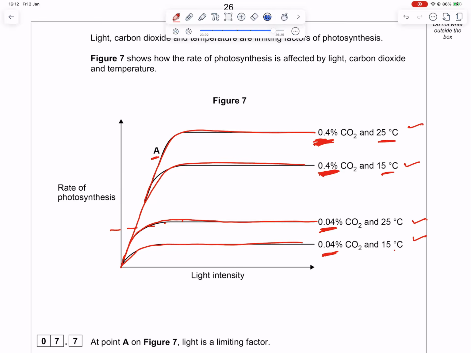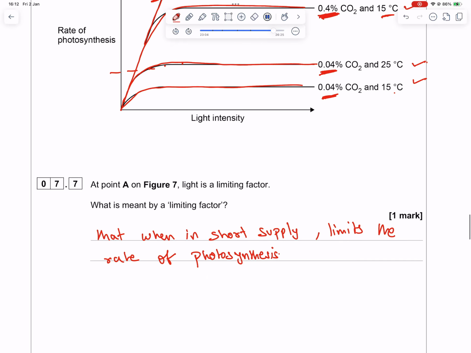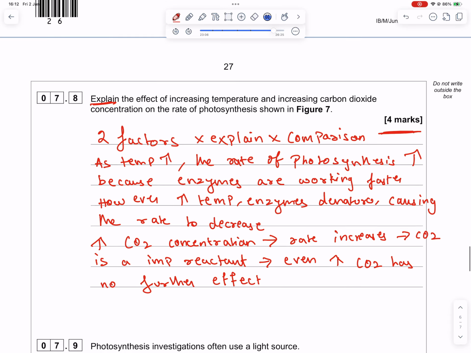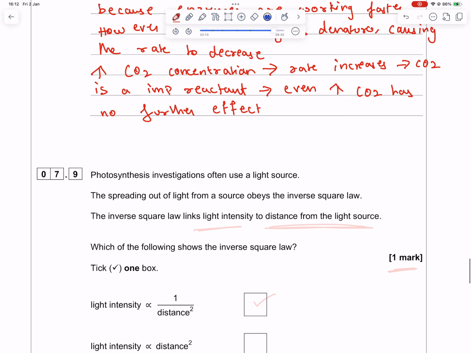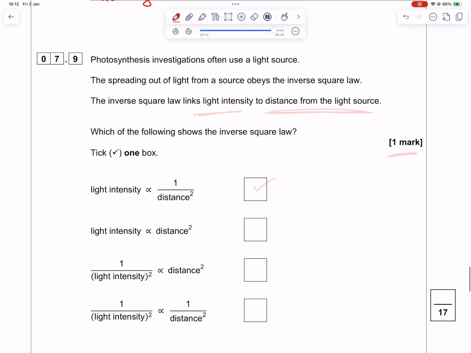So remember, at optimum temperature, enzymes work faster, but if the temperature goes too high, enzymes denature. And also CO2 is an important reactant that makes a difference and can become a limiting factor. So this is the important takeaway for this question.